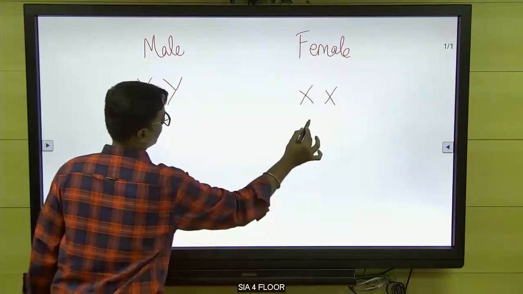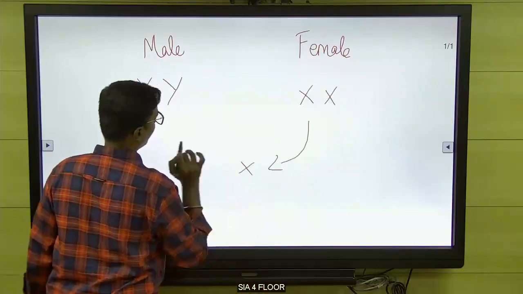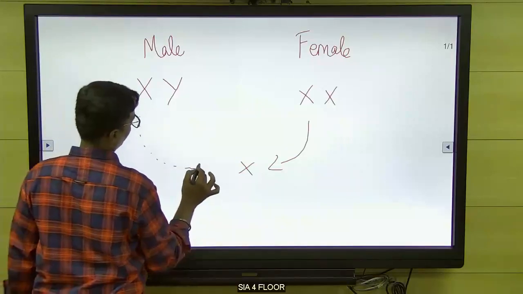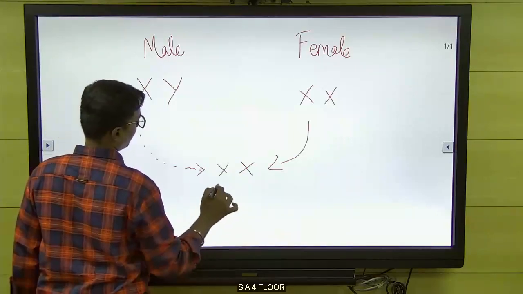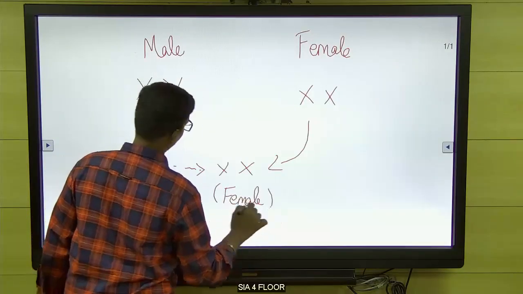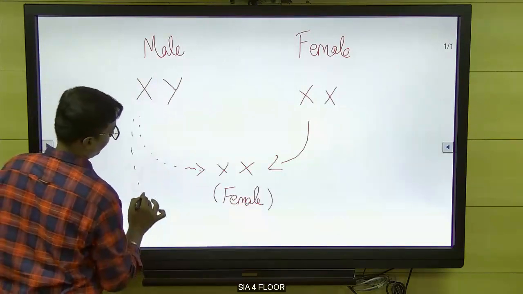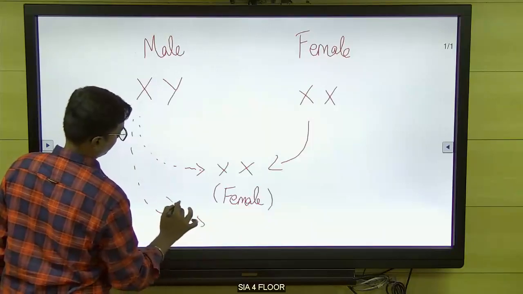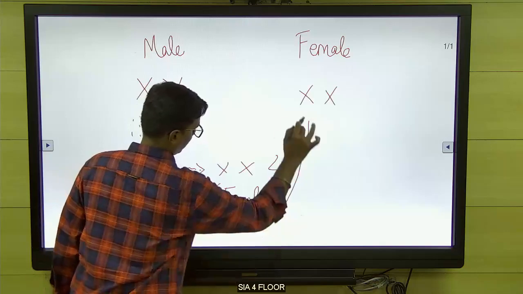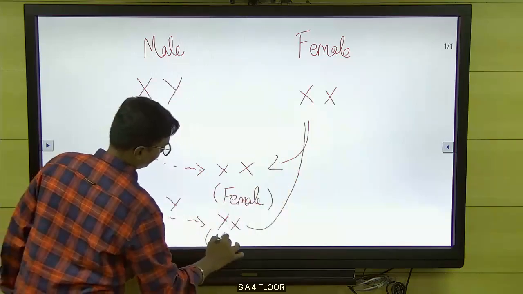During sexual reproduction, the female provides an X chromosome. If the male provides an X chromosome through the fusion of sperm and gametes, then a female baby will be formed. Whereas if the male provides a Y chromosome, there will be fusion of Y and X, and then a male baby will be formed.